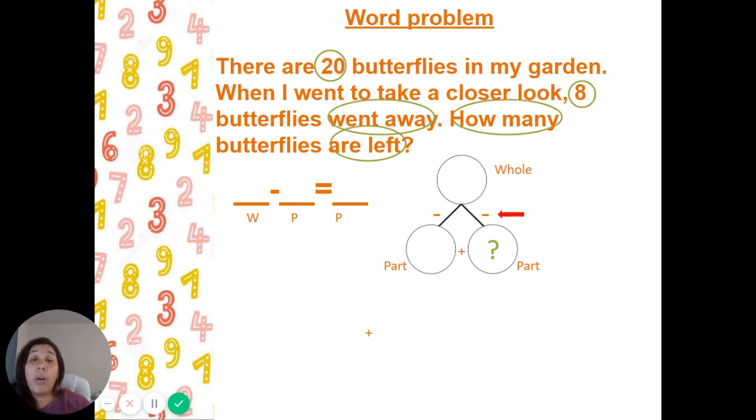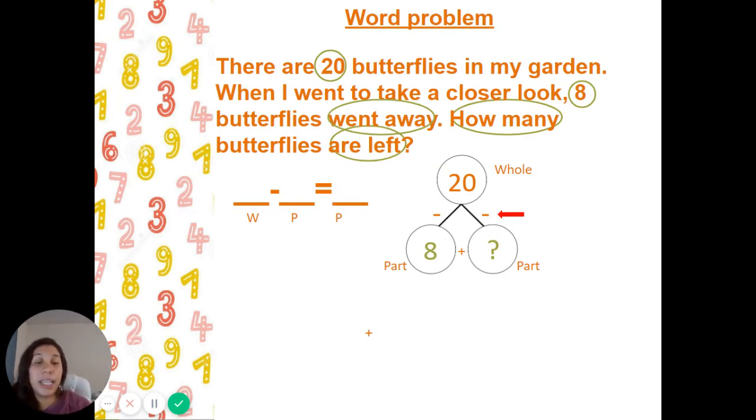So our whole is number 20, because there were 20 butterflies in total, okay? Then how many flew away? 8. So one of the parts is 8, definitely. And you need to find what is the other part. What is the other part?